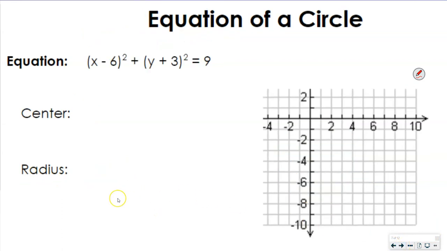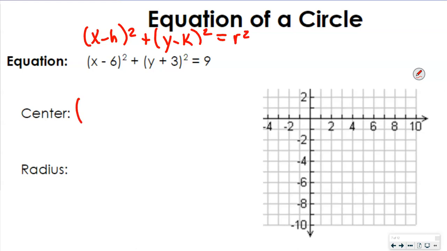So let's do another one. Again, remember, this is x minus h squared plus y minus k squared equals r squared. Once again, we're pulling the opposite of what's there, so we got a positive 6 and a negative 3. That's our center, and we're going to take the square root of the 9 because it's r squared, so that's going to be 3.